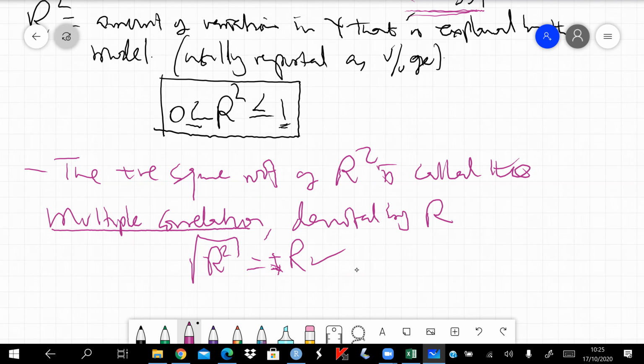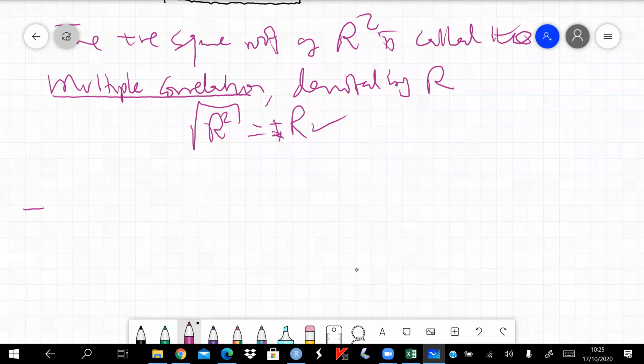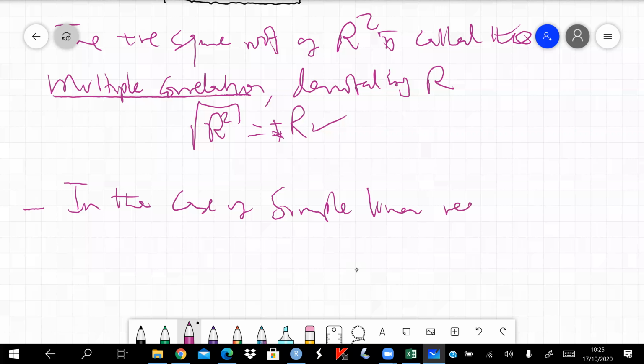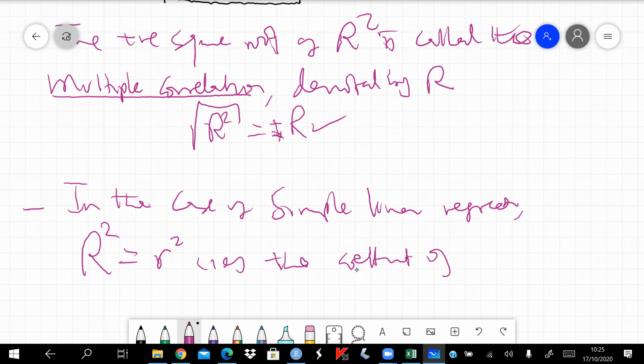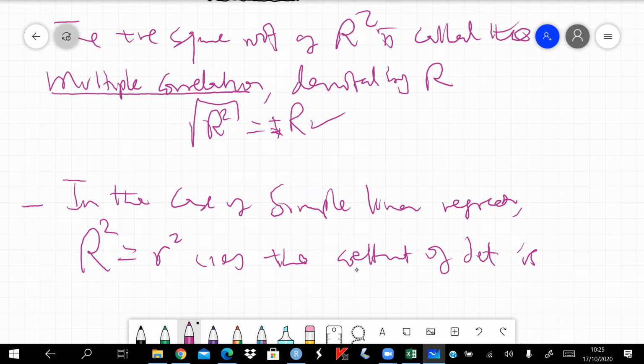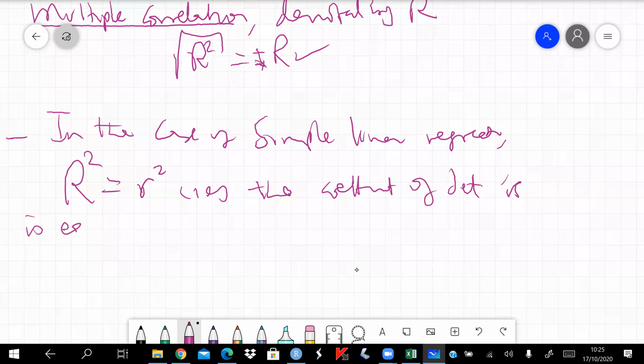In the case of simple linear regression, R squared is the same as small letter r squared. The coefficient of determination is equal to the square of the correlation coefficient.